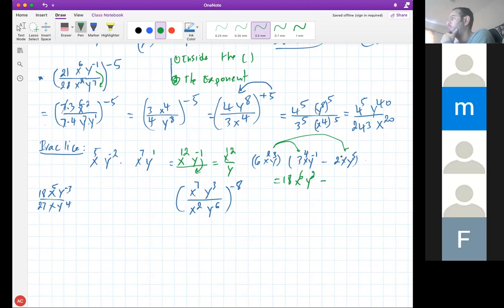Minus. Then we're gonna do the same thing with the other one. So 6 times 2, that's 12. x to the 2. Next one, x to the 3, y to the 8. That's right, x to the 3 and y to the 8 here.